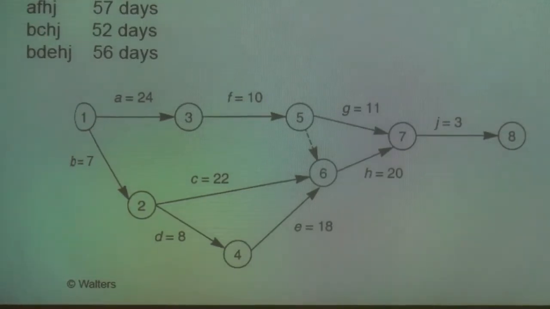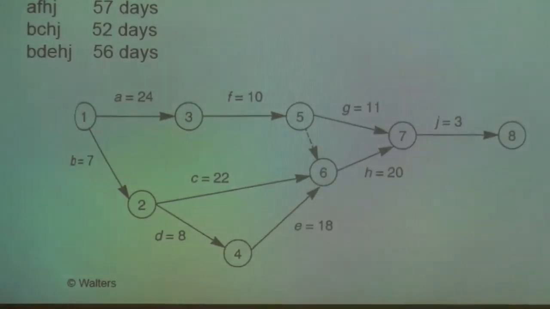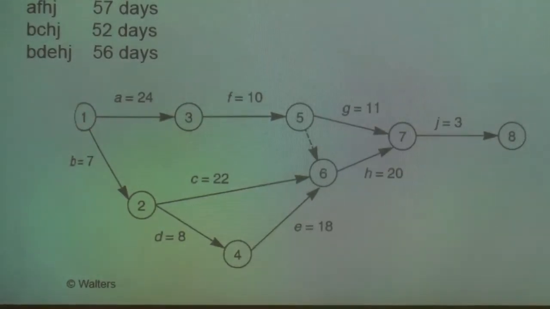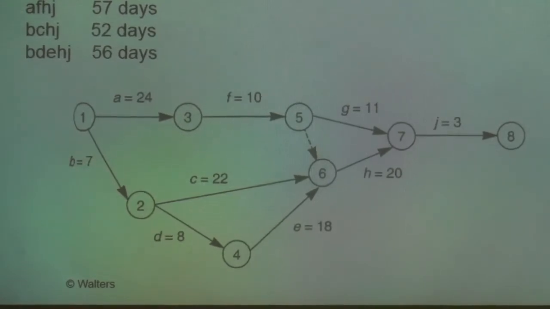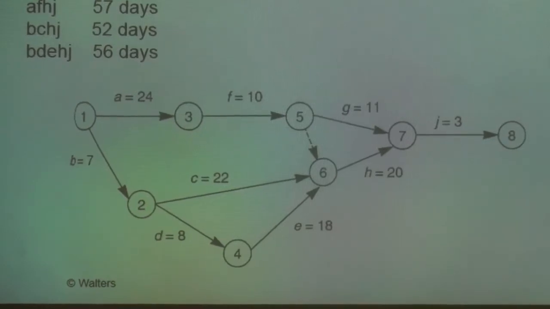It's the highest number. All of these can be completed in, and AFHJ, this longest path, if you don't make that one, the one with the longest duration, that's the one that's going to cause the project to go off schedule.